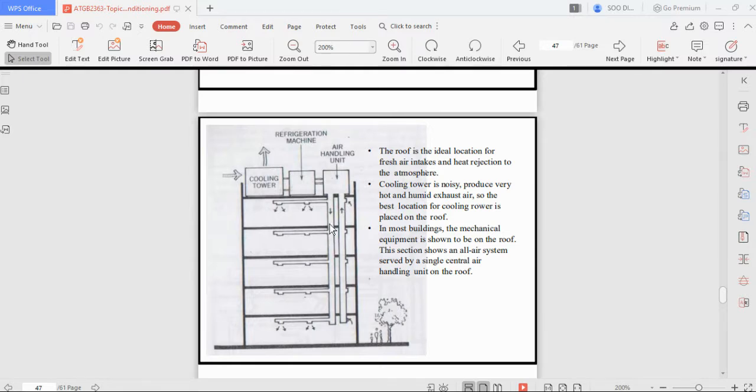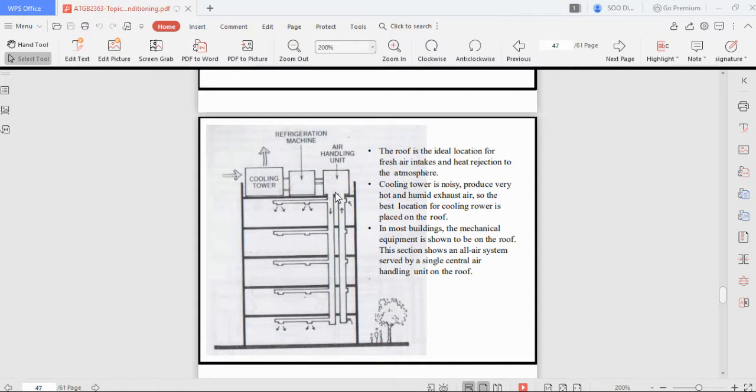The first one is the air handling unit. So we have a cooling tower and a refrigerator machine. The refrigerator machine is where all the cool air is expelled out. You have this area where the refrigerant gas is being cooled down and the air is being pushed out of this air handling unit.